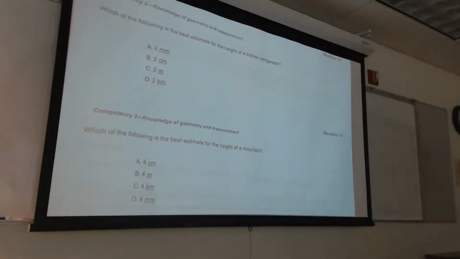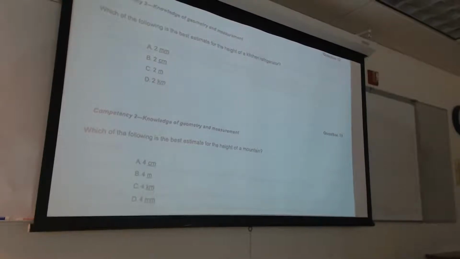And if you need to, remember the other practice test, that last page of any of the other practice tests is the reference sheet. On the back of the reference sheet, you have the conversion factor. So you can see relative size. How big is a millimeter? How big is a centimeter? How big is it? Yep, you'll get one of those.